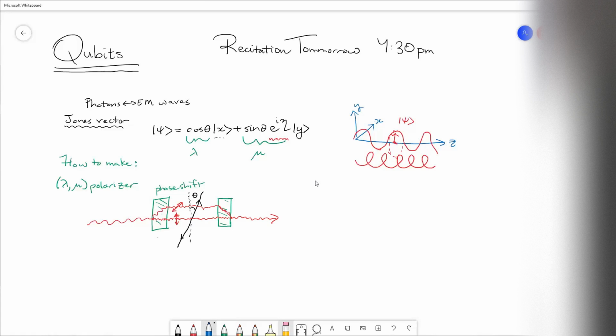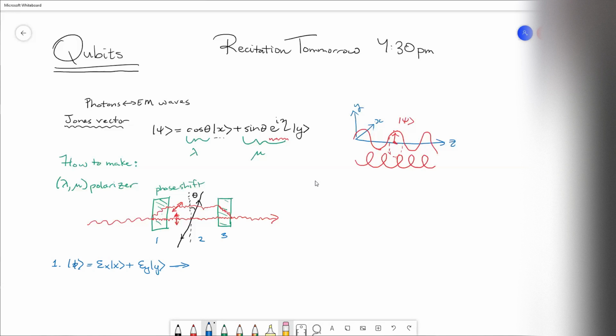And so we can ask what happens in general to this light wave. And there are 3 steps. So let's look at it one step at a time. In step 1, your initial Jones vector, let's say there's some arbitrary polarization. After step 1, it gets shifted.